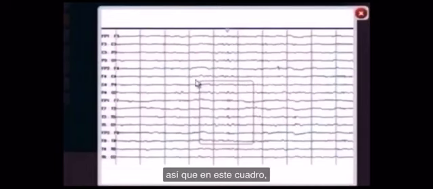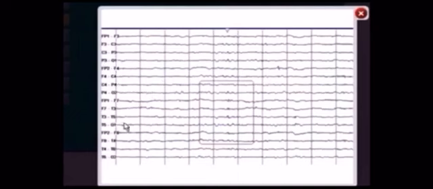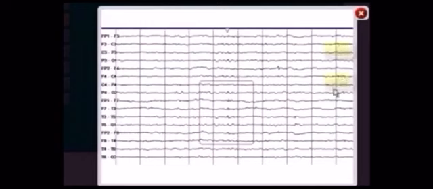So in this box, first, what's the state of the patient? You do not see an occipital dominant alpha rhythm. You start seeing some sleep spindles here, so this is possibly stage 2 sleep. But what you see here are called small sharp spikes, which is a benign variant and does not constitute a higher risk for epilepsy.